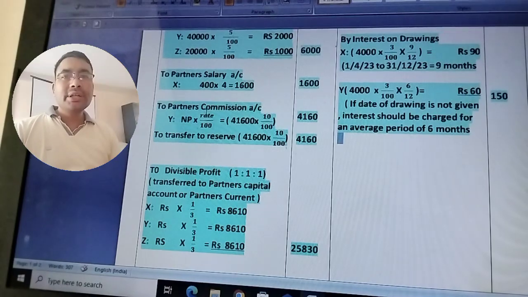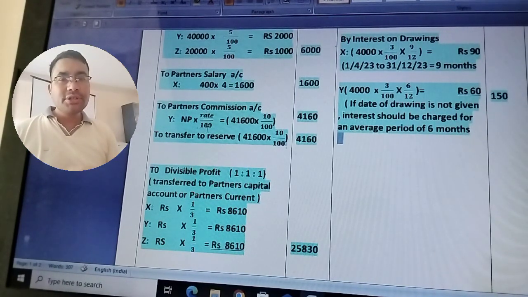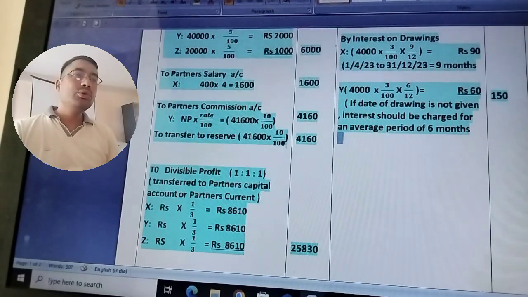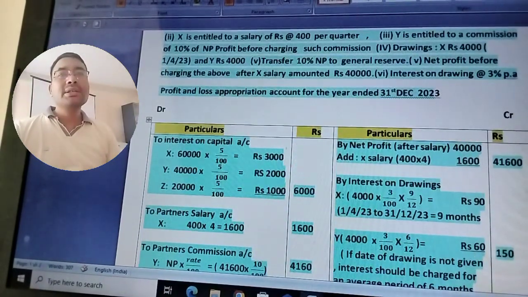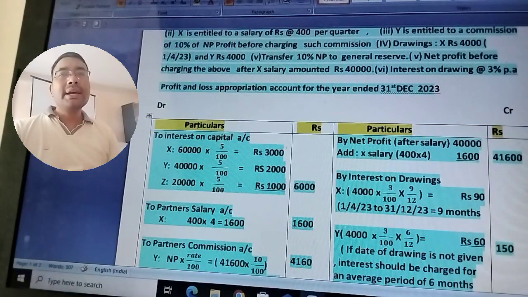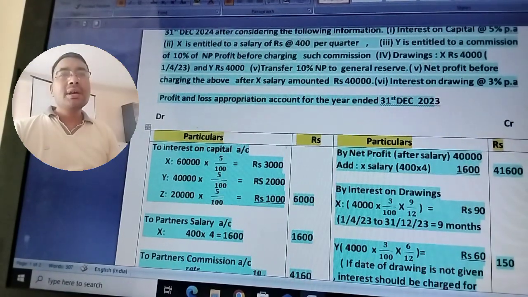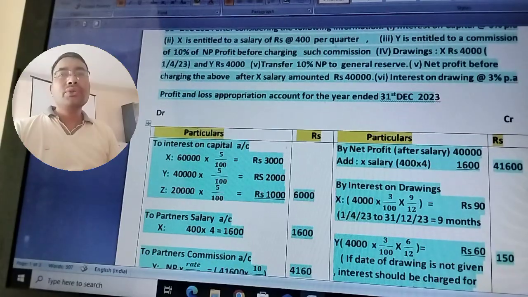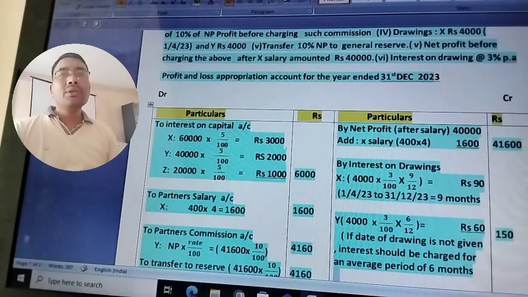Net profit into rate divided by 100 if it is before charging such commission, and if it is after charging such commission, then net profit into rate divided by rate plus 100. So 41,600 into 10 by 100 gives you 4160. We have already practiced these things. Then we have drawings: X 4,000, on 1st April 23, and Y also 4,000.